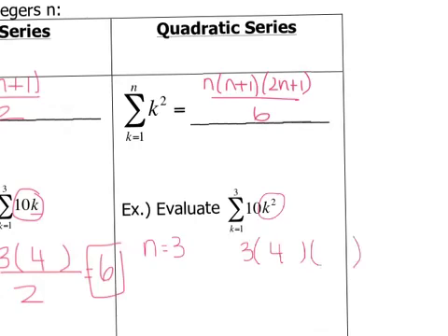All right, what's 2n plus 1? 2 times 3 is 6, plus 1. That's where we get the 2n plus 1, all over 6. And then just simplify. So that's 84 over 6, which is 14 exactly.